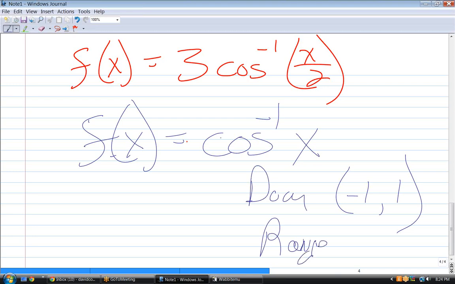Remember, domain and range merely switch. In other words, if I know my domain and range for cosine x, then I know my domain and range for the inverse, except for the fact that I've had to restrict it. So the range doesn't go from negative infinity to infinity, it goes from 0 to pi.